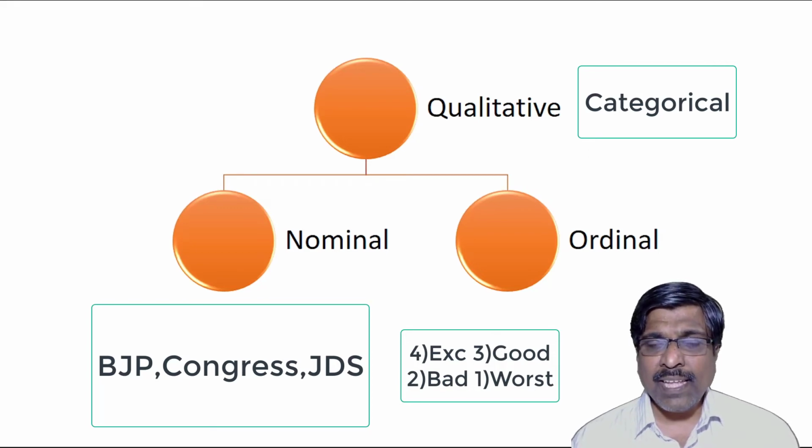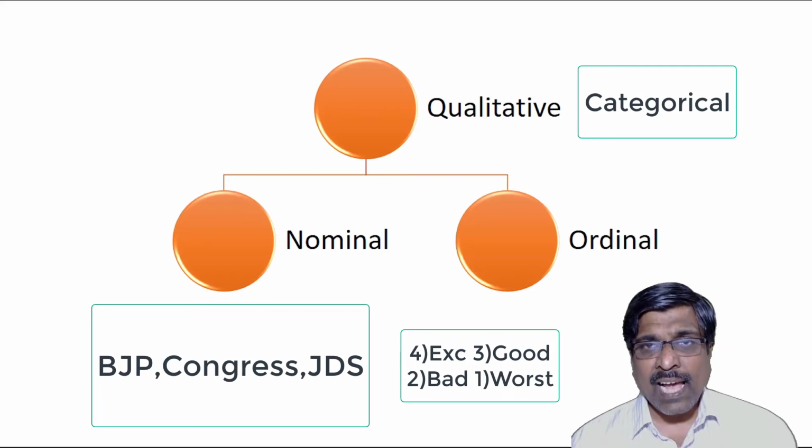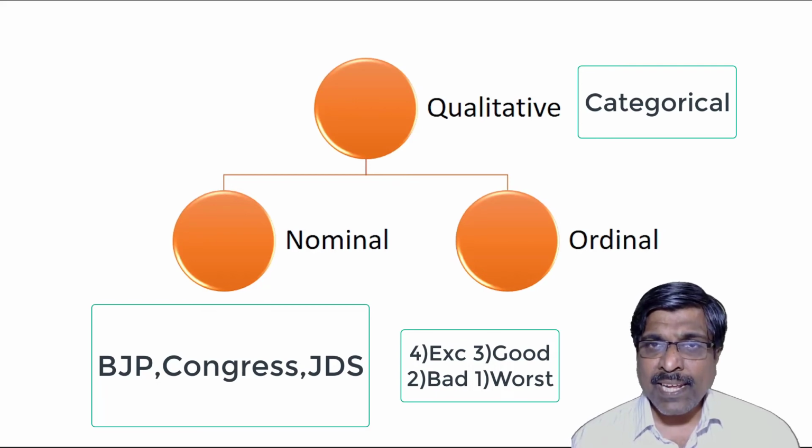When he gives 4, it means that the food is excellent. And when he gives 1, it means that the food is worst. So ordinal data will have a predetermined order, whereas nominal data would not have any predetermined order.